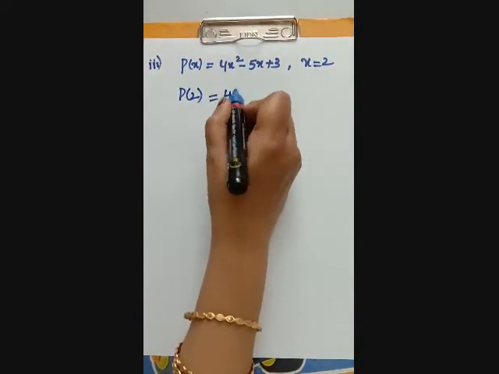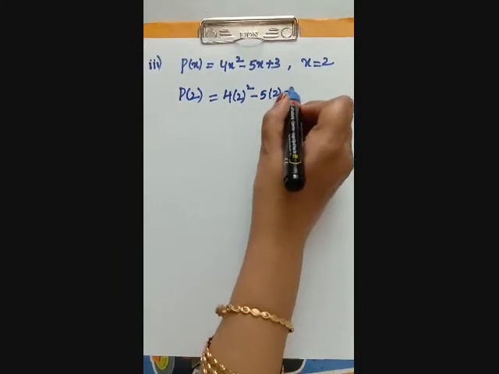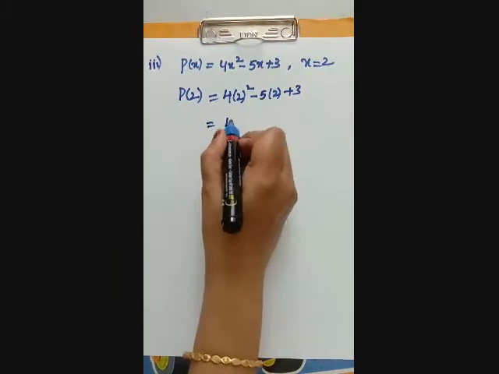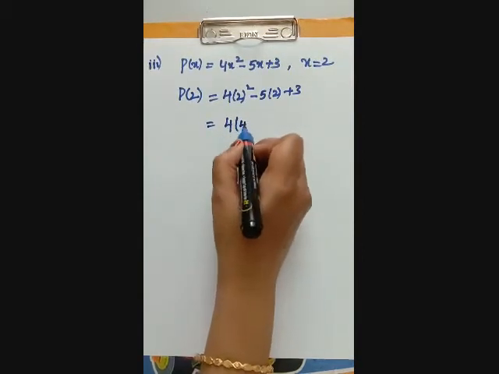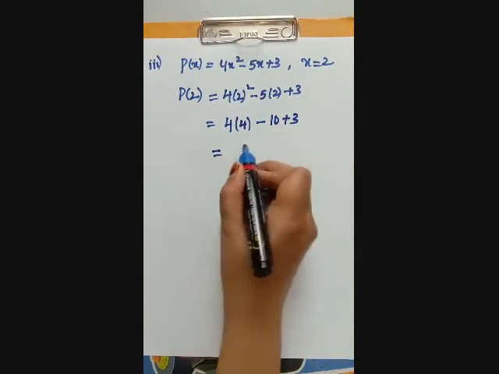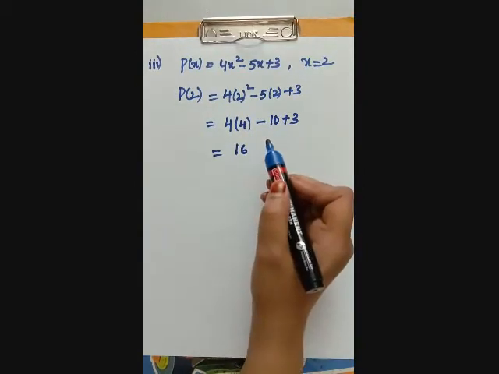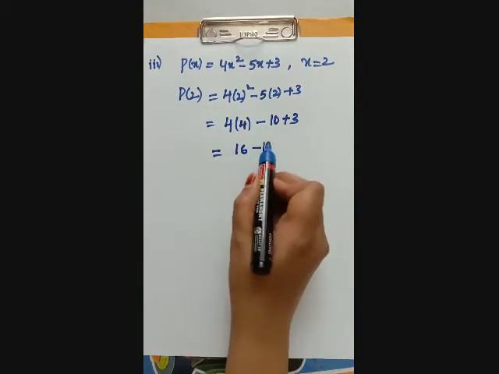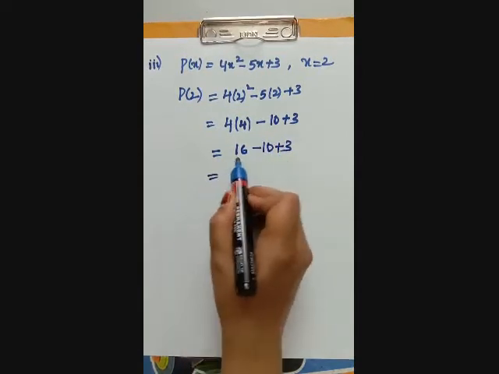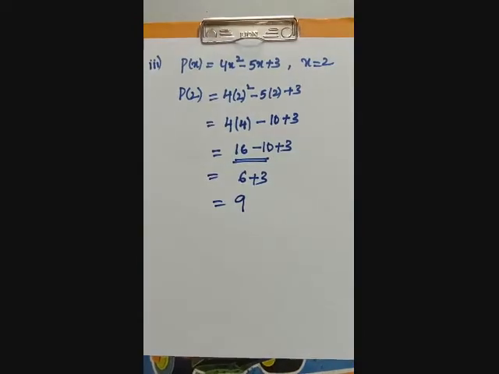So that is 4 into 2 square minus 5 into 2 plus 3. 2 square is 4, 4 fours are 16, minus 10 plus 3. 16 minus 10 is 6, 6 plus 3 is 9. See, these are very simple problems and very important even.